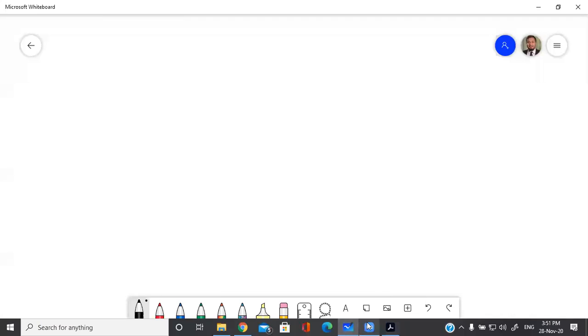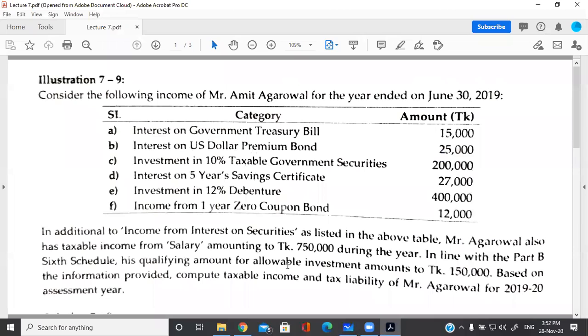So I think you have got the structure from the previous session, that what we need to write first is the name, we need to write the income year, the assessment year, and what we are doing. Let's say we are doing right now the computation of income from interest on securities. But in our case, as the income from salary is given, the question is not only income from interest on securities, rather the question is total taxable income.